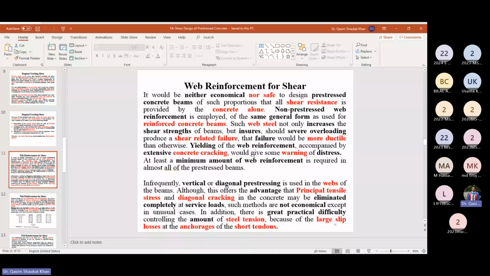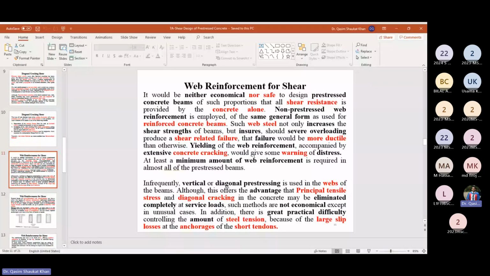Non-pre-stressed web reinforcement is employed, of the same general form as used for reinforced concrete beams. Non-prestressed web reinforcement is the steel reinforcement which we provide.